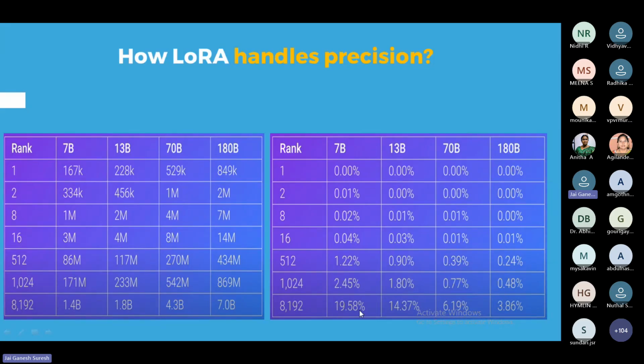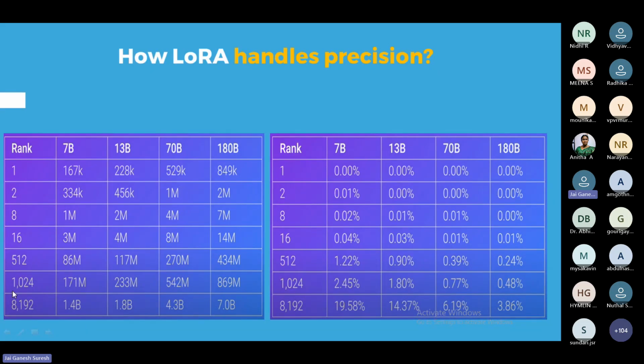When you see updating parameters like this, it may not amaze you, like, okay, we are fine tuning the parameters and we're going to get results out of it. But when you see this result comparison, you can understand we are fine tuning very, very few parameters. You can ask me, okay Jay, in real time do people fine tune with a rank of 8,192? Of course not. At maximum we will do about 1024.